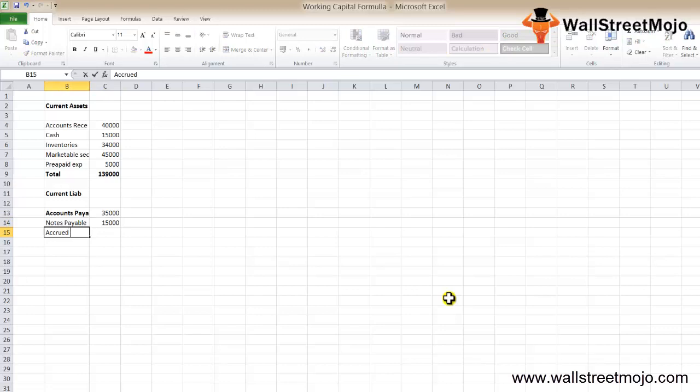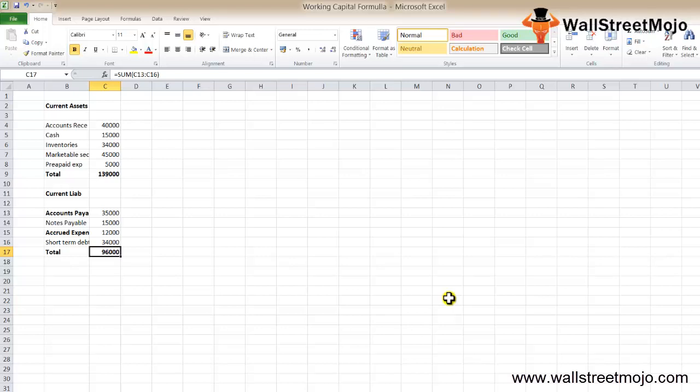There's a thing called accrued expenses, let's say $12,000, and the short-term debt, let's say that is $34,000. So your total, you can press Alt equals, you can just sum it up, and you have 96,000 as your total current liabilities.